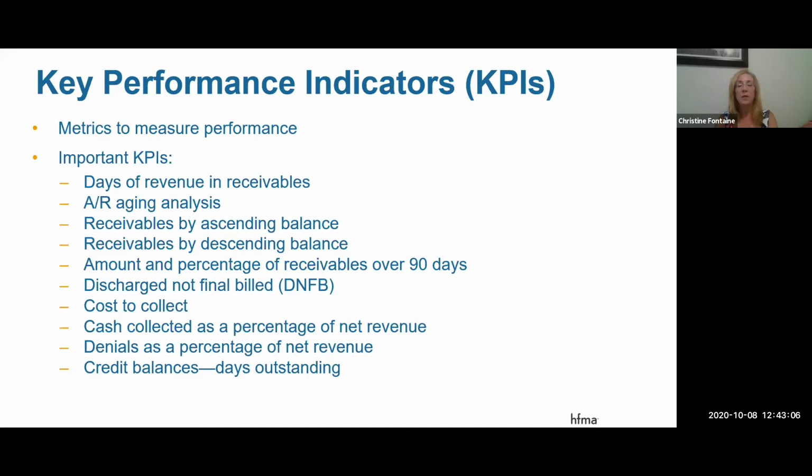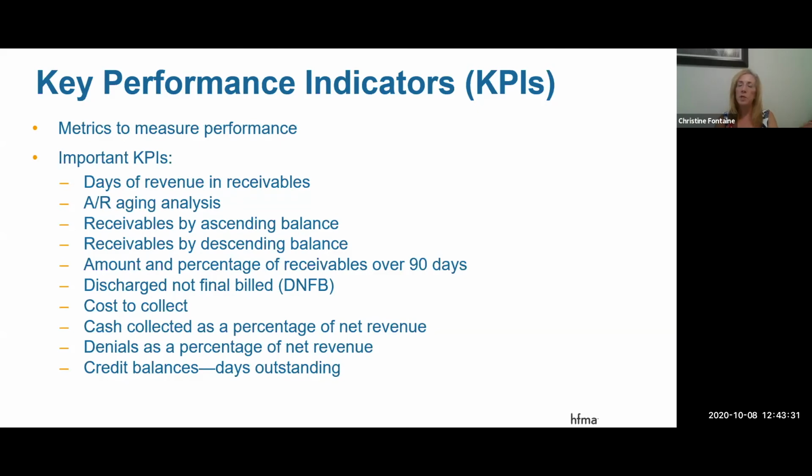The exact benchmarks will vary depending on the type of provider, geographic region, size of the provider base, type of services provided, payer mix, and certainly the capability to invest in technology will be key to where you might be compared to your peers.